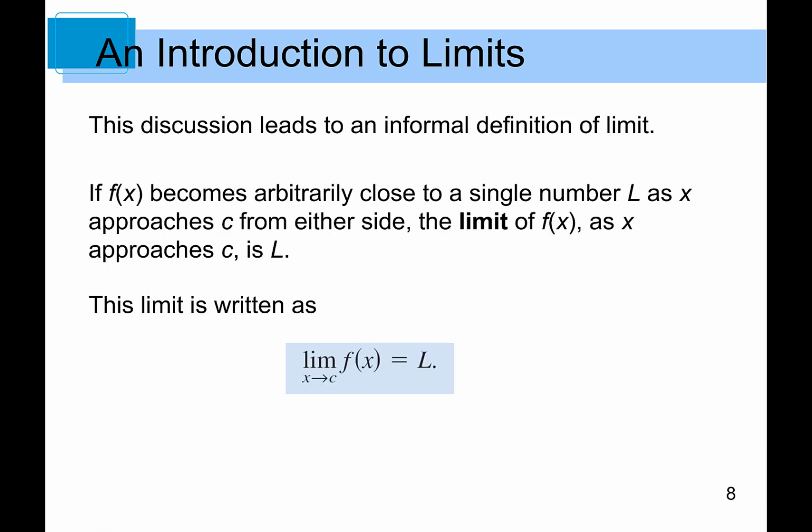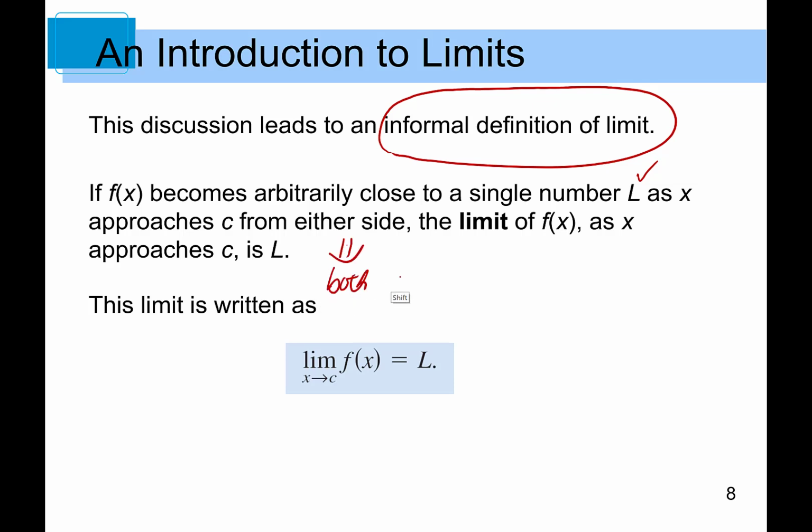Now let's talk about the informal definition of a limit. If f of x becomes arbitrarily close to a single number L as x approaches c from either side, meaning from both the left-hand side and the right-hand side, then the limit of f of x as x approaches c is L. This limit is written as the limit as x approaches c of f of x equals L. L is a constant.